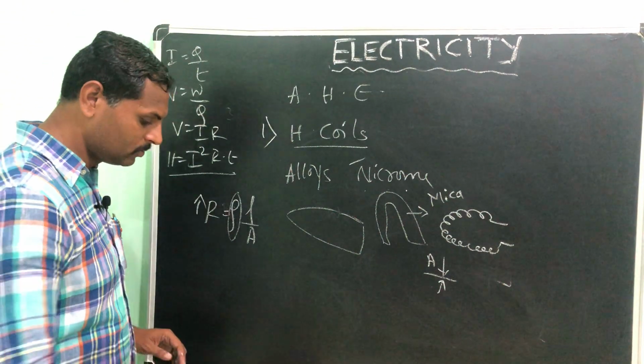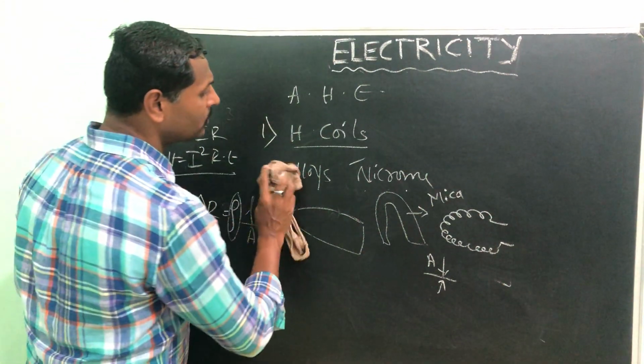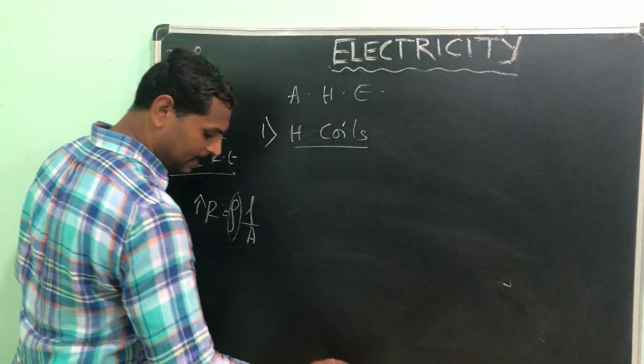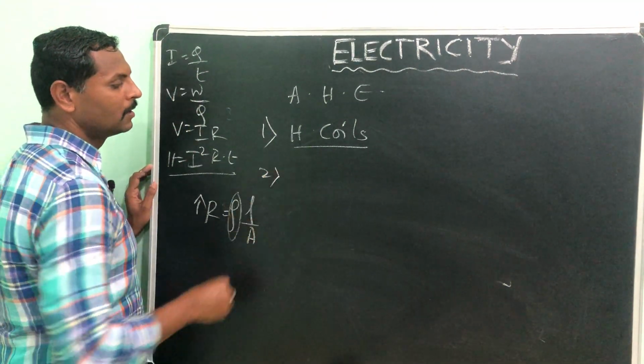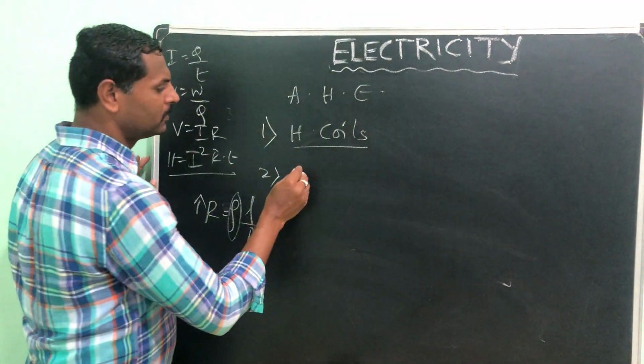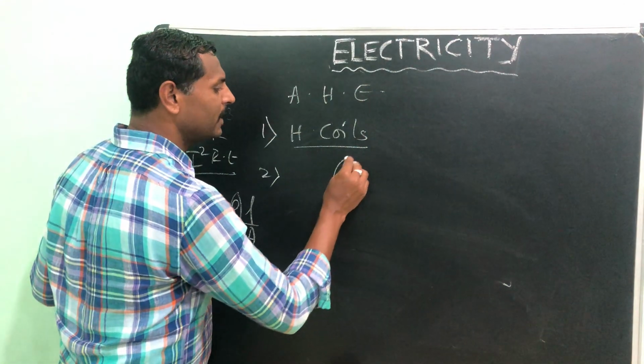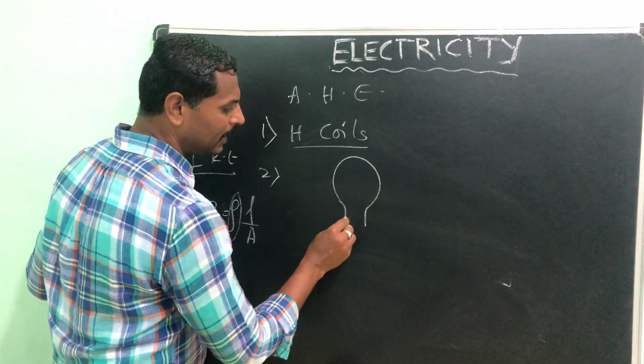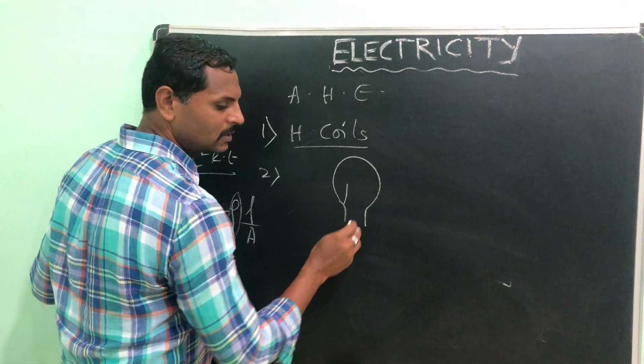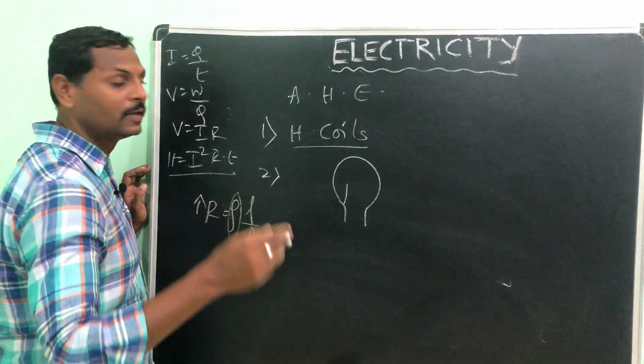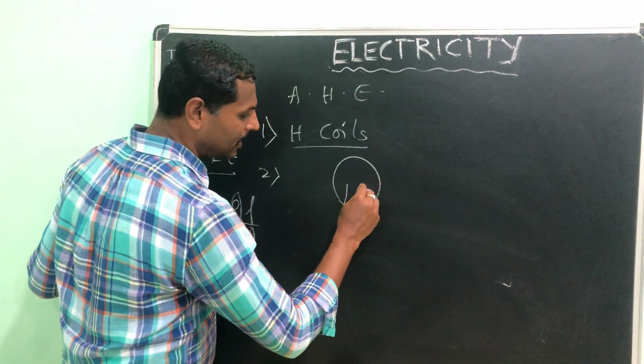Okay. Understood? Okay then. Next one. Next thing, that is our incandescent bulb. Okay. We were using it, but now we are using it very rarely, because now we are using LED bulbs and tube lights and all.